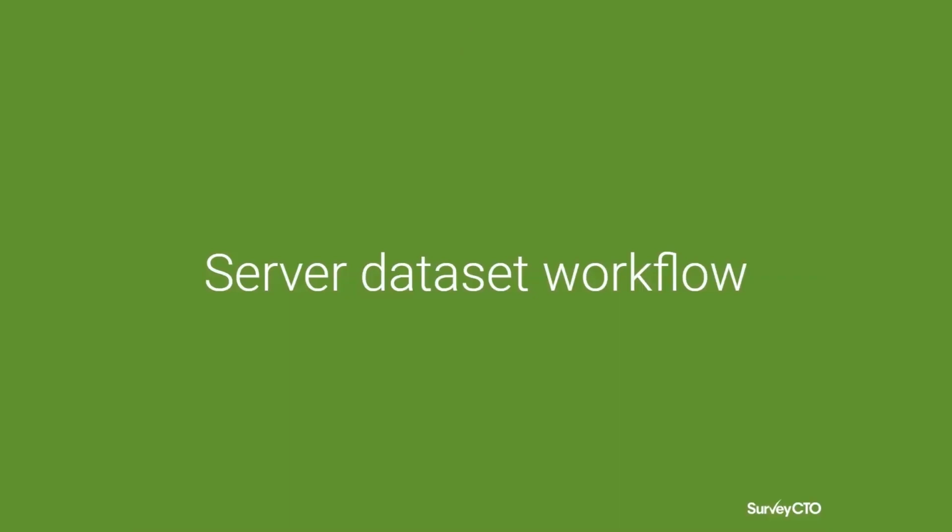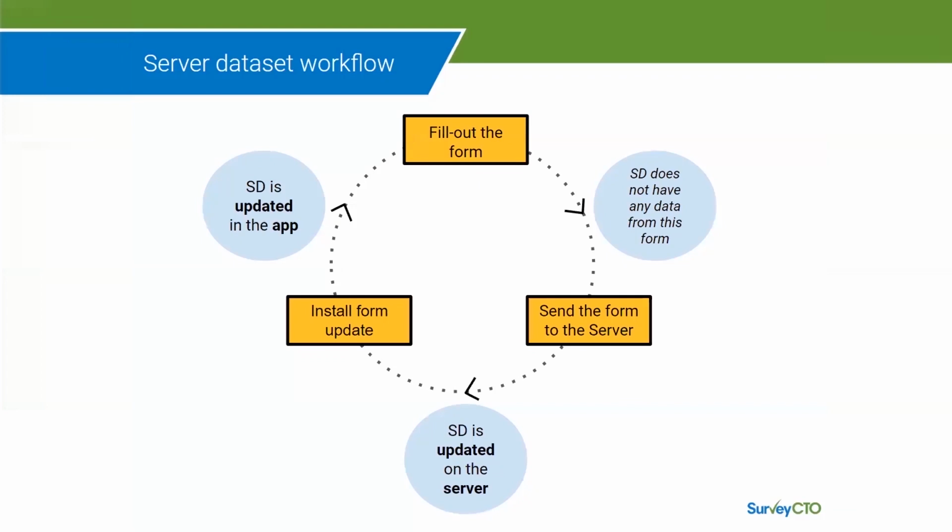And finally, just before going to the live example, I want to clarify how the workflow of a server dataset works in SurveyCTO. Note that these considerations are for the SurveyCTO Collect app. These are not issues in the web forms because you have internet connection when using web forms.